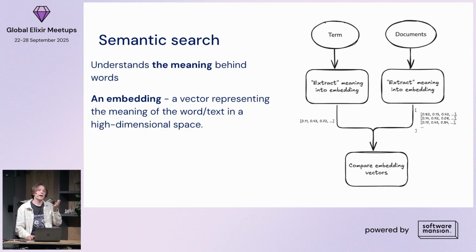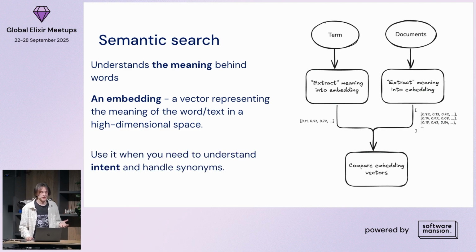And the caveat here is, the more dimensions a vector has, the more information it can capture, but then it is harder to compare them. And the less information you have, the easier it is to generate an embedding. I'll show you an example later on that you can generate embeddings on the client, which is really cool because you don't need to have the compute power in your server, and you can delegate generating embeddings to the clients.